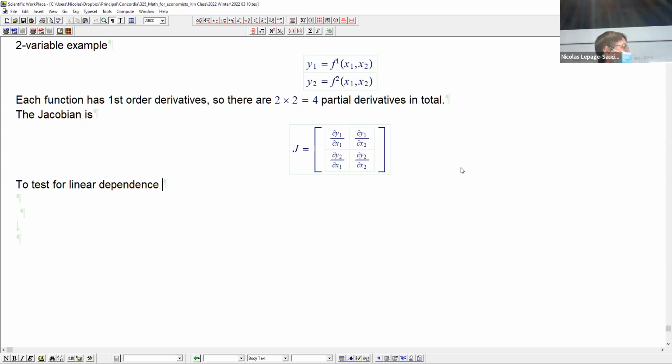By the way, the Jacobian can be thought of as this matrix, or it can just be thought of as the determinant of this matrix. That's what they care about. So let's just compute the determinant.